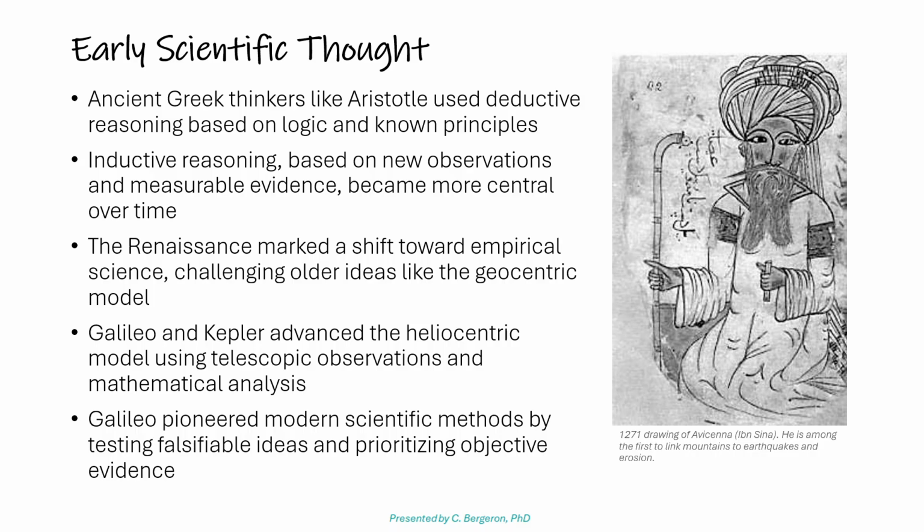The other type of reasoning that contrasts with deductive reasoning is inductive reasoning. This begins from new observations and attempts to understand the underlying principles that explain them. So a conclusion made through inductive reasoning would come from using measurable evidence rather than a logical connection or a deduction, right?